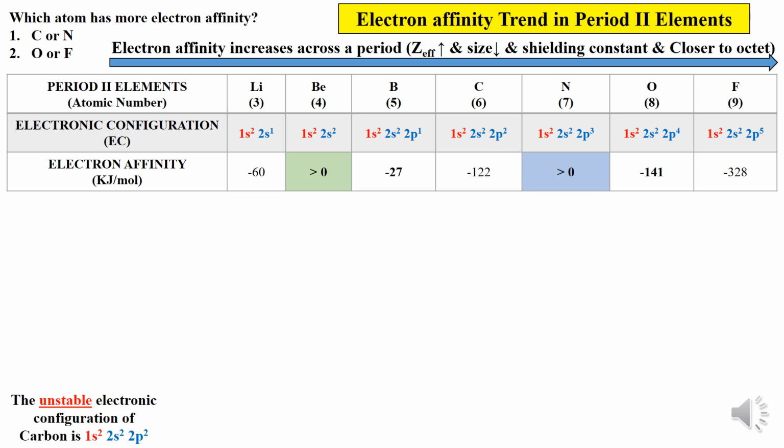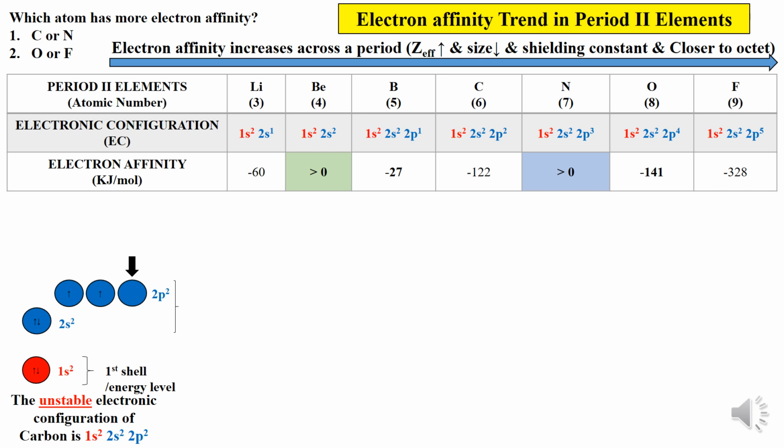So the electronic configuration of carbon is 1s2, 2s2, 2p2: 2 electrons in the 1s orbital, 2 electrons in the 2s orbital, and the 2p subshell is partially filled with 1 electron each in the 2px and 2py orbitals. So now obviously the added electron should go to the 2pz orbital.